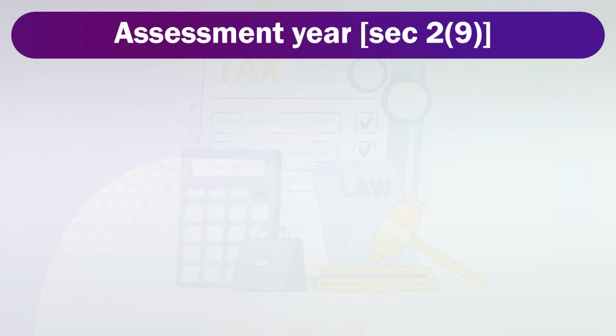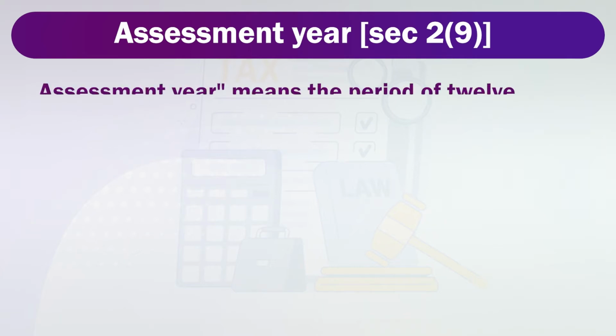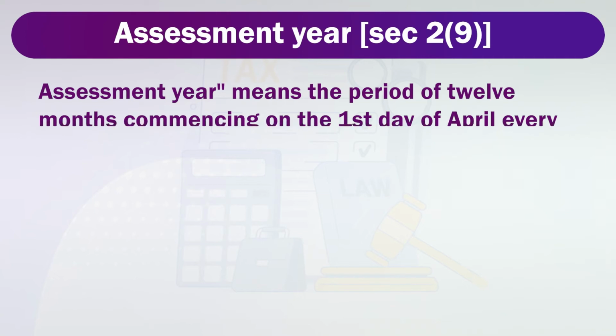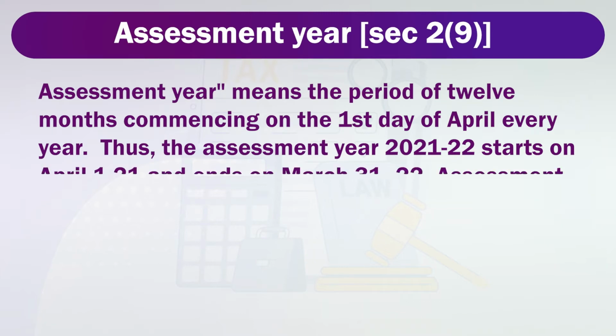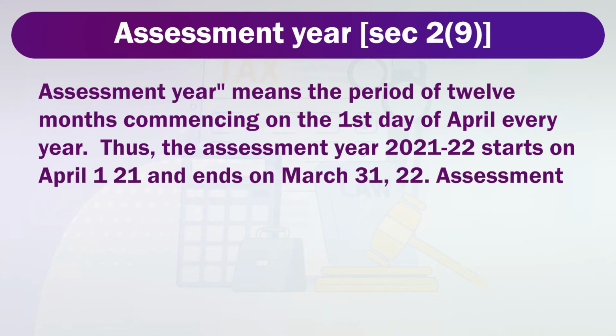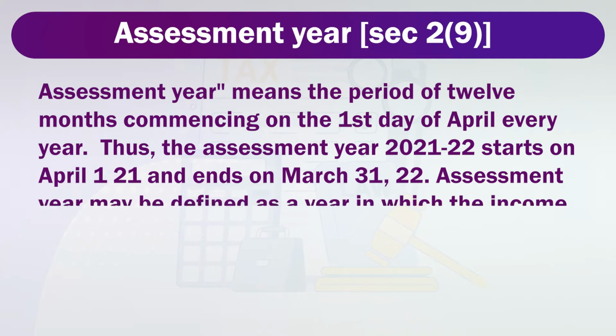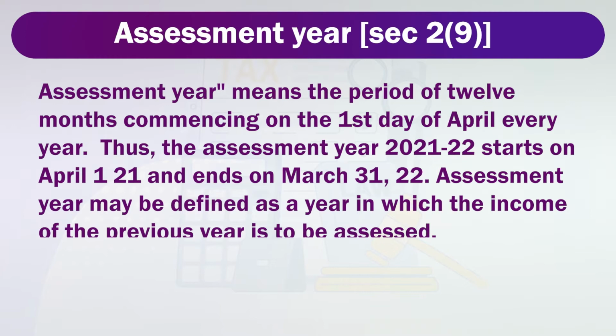Next concept is assessment year, which is given under section 2 subsection 9. Assessment year means the period of 12 months commencing on the first day of April every year. Thus, assessment year 2021-22 starts on April 1st, 2021 and ends on 31st March 2022.